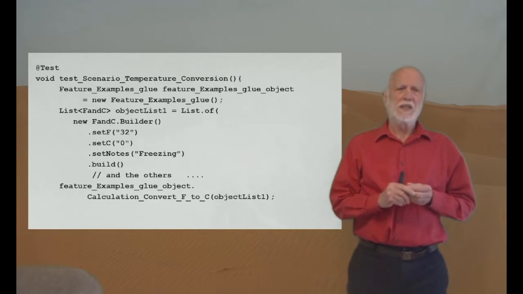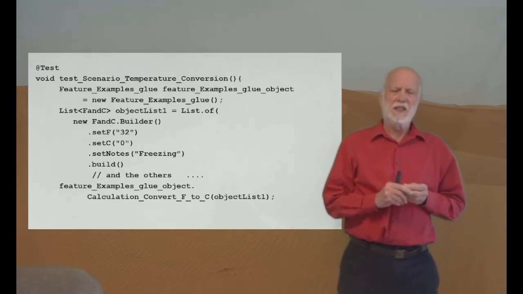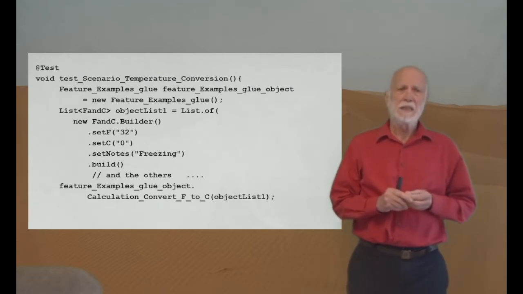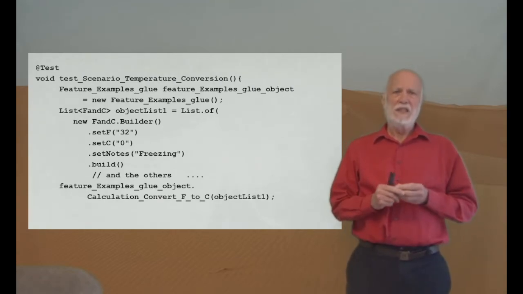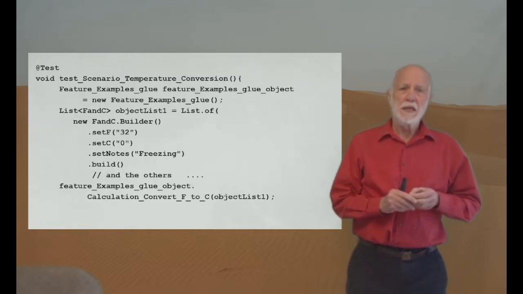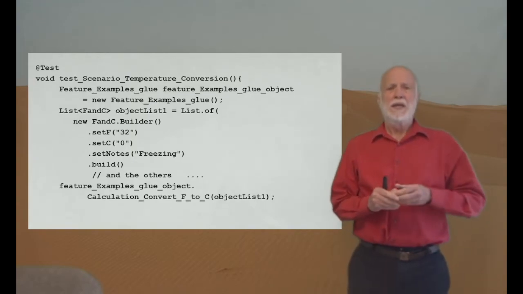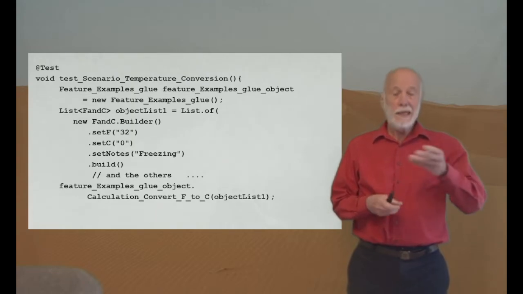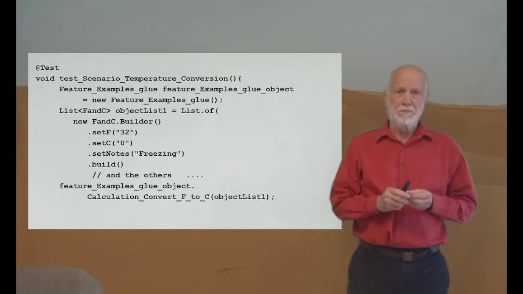The Gherkin Executor translates the tables into initialization statements. We have a list of the F and C type objects, and you'll note that they are all strings. And then we call the calculation convert F to C, passing the object list in the glue object.